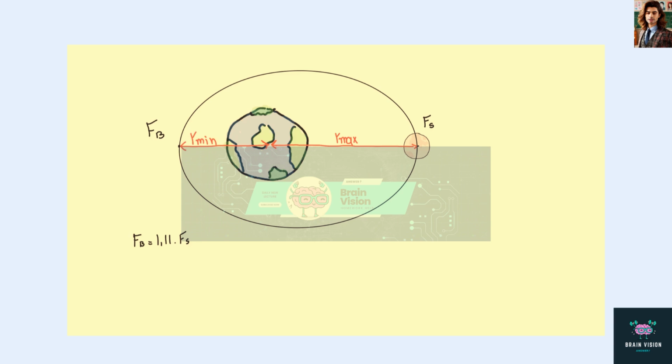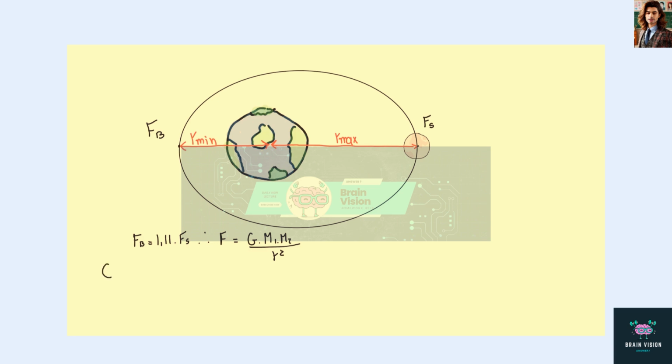Now, what is the relation between the maximum and the minimum distances? So, remember the equation for the gravitational force. The magnitude of the gravitational force is equal to the Newton constant times the mass number 1 times the mass number 2 divided by the distance between these masses squared. So, what is the gravitational force at the point FB?